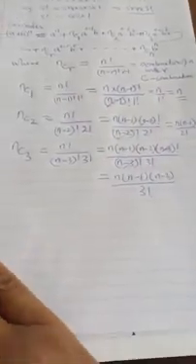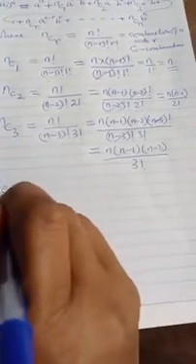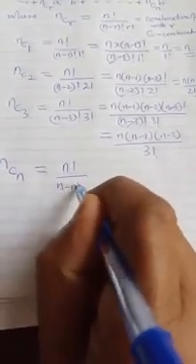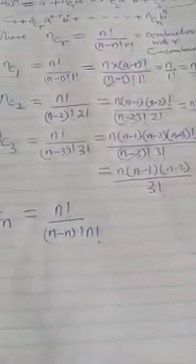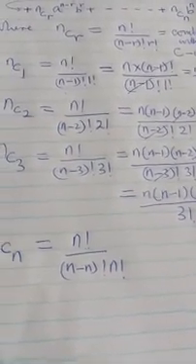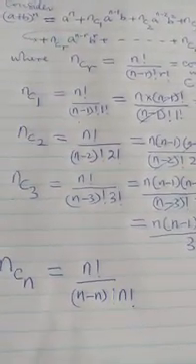If we look at the next term involved in our formula up there, it is nCn. What happens to this? It is n factorial over n minus n factorial times n factorial. You will discover that 1 factorial is 1. What about 0 factorial? 0 factorial is 1.